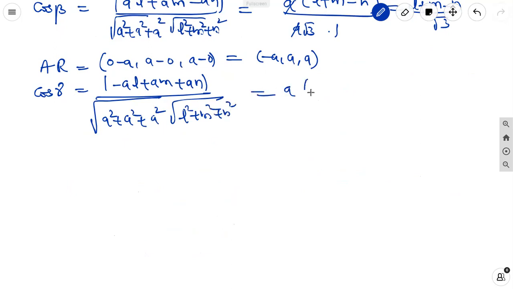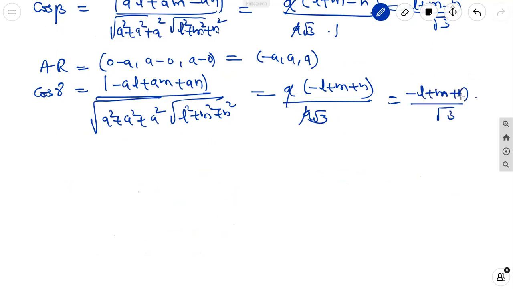A is common: minus L plus M plus N by A root 3. A cancels, it is minus L plus M plus N by root 3.